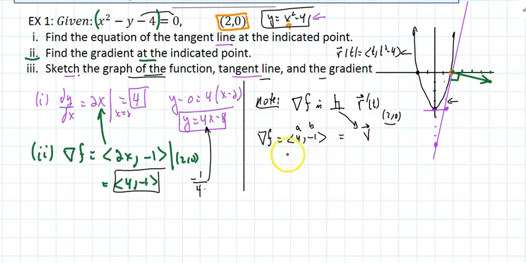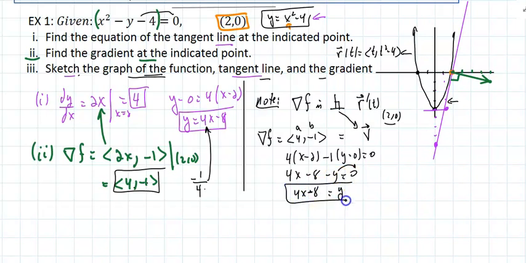What happens if I take A times (x minus 2) plus B times (y minus 0) and set it equal to 0? What would happen then? 4x minus 8 minus y equals 0. And do you notice what the equation of this line is? That says y equals 4x minus 8. Do you see a connection between those?